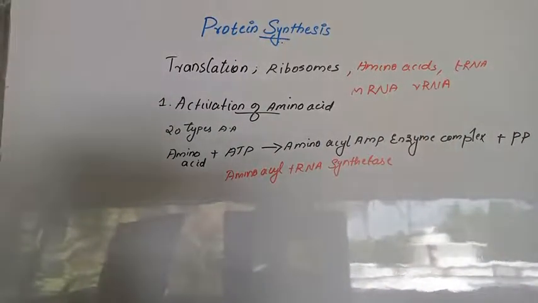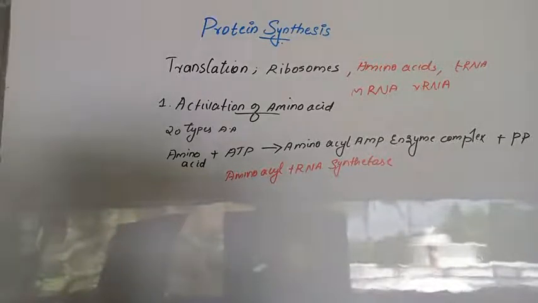This reaction is catalyzed by this specific enzyme, aminoacyl tRNA synthetase. There is a separate aminoacyl tRNA synthetase enzyme for each kind of amino acid. So this is the activation of amino acid: first, we activate the amino acid by combining it with ATP, which gives the aminoacyl AMP enzyme complex plus 2 inorganic phosphate in the presence of aminoacyl tRNA synthetase.